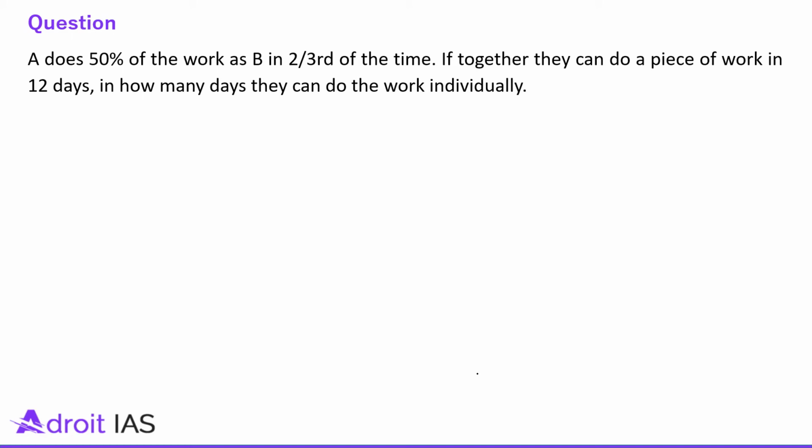All right. Next question says A does 50% of the work as B in 2/3 of the time. Okay. They have introduced one more data, right? If together they can do a piece of work in 12 days, in how many days they can do the work individually?